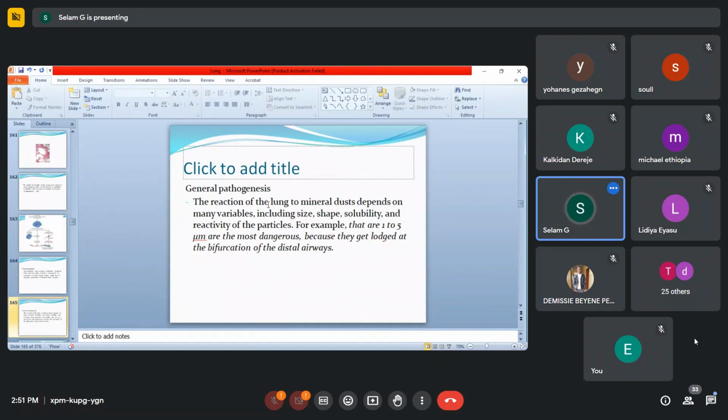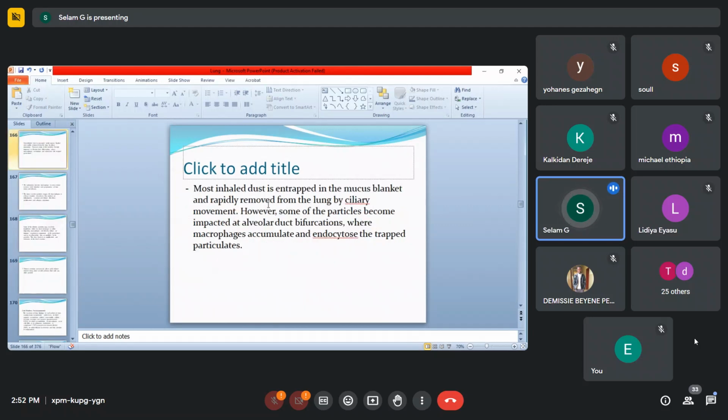For example, particles which are 1 to 5 micrometers are the most dangerous because they get lodged at the bifurcation of the distal airways. Larger particles will be entrapped by the mucus and they will be expectorated with the mucus. The smaller particles are dangerous because they can access the distal airways.